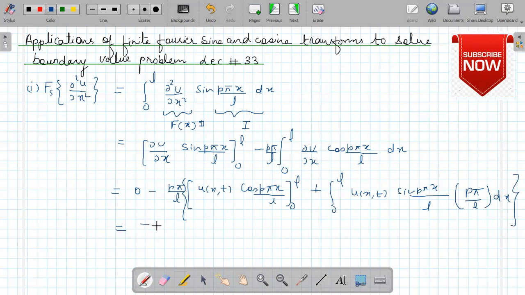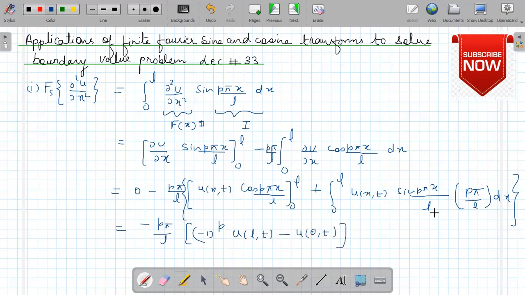So we have minus p pi over L, u(L, t), and cos p pi is minus 1 raised to the power p, u(L, t), and at the lower limit this will be 1 and we are left with u(0, t).